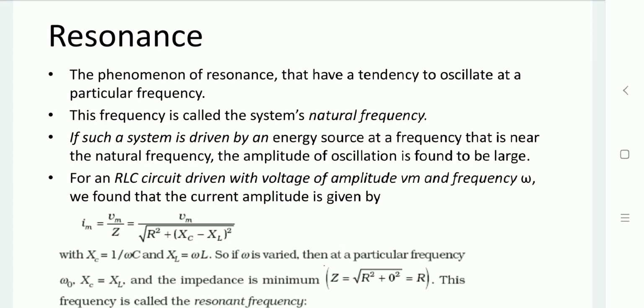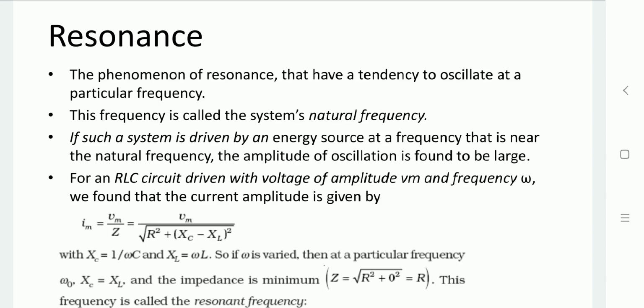Because in the earlier cases, for the phasor diagram analysis, we have taken two cases. If Xc is greater than XL, then the capacitive current is dominant. And if Xc is less than XL, meaning XL is higher, then the inductive current is dominant. But if we choose Xc equal to XL, then what will happen?